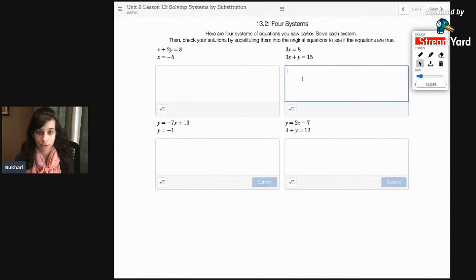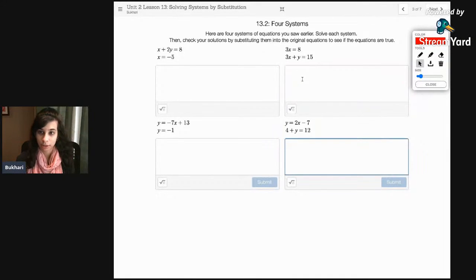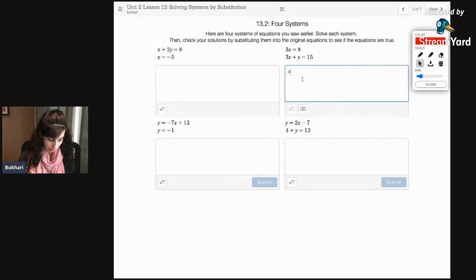Remember, when we want to find our solutions, I want to find something like x equals something and y equals something else. That is my goal. I want to find a pair of solutions. We talked about representing that using coordinate pairs like we did yesterday with our graphs, but you can also write it as x equals and y equals.